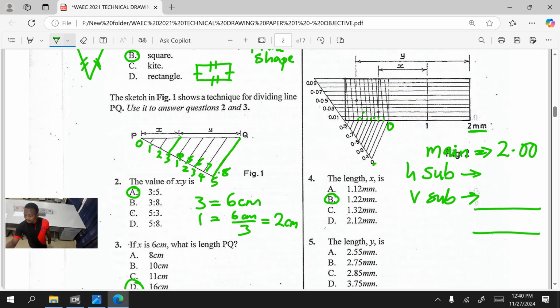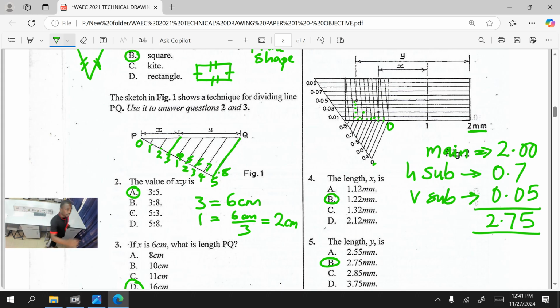Can you see that? 7. That will be 0.7. Then for the vertical scale, we have 1, 2, 3, 4, 5. That is 5. That will be 0.05. If we have everything together, we have 2.75 millimeters. That is also what? That is also option B.